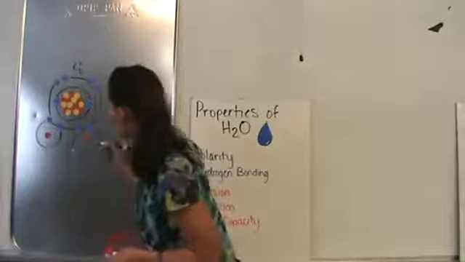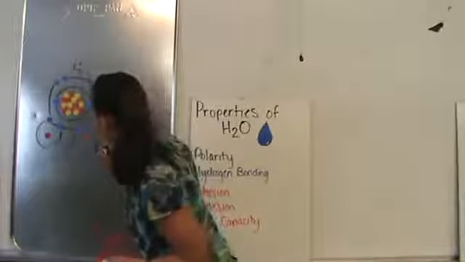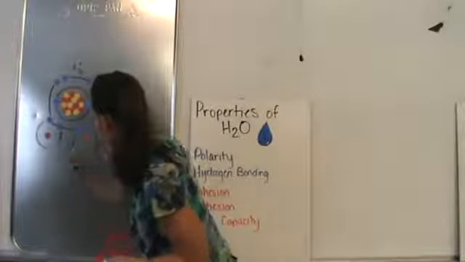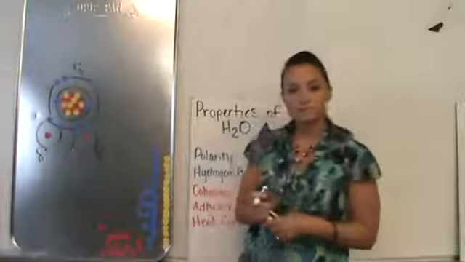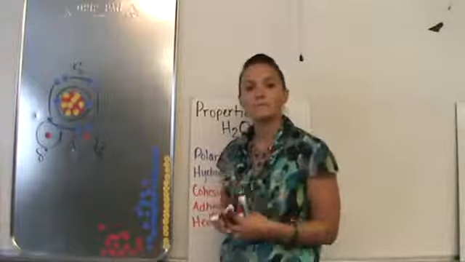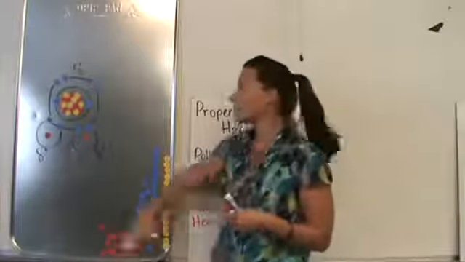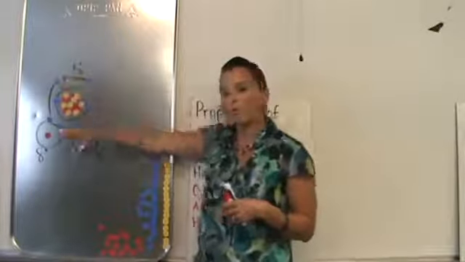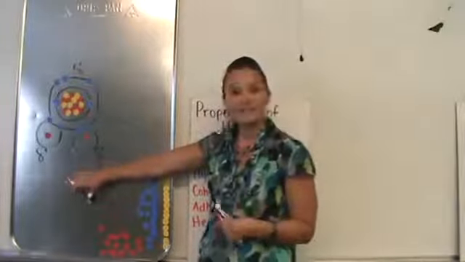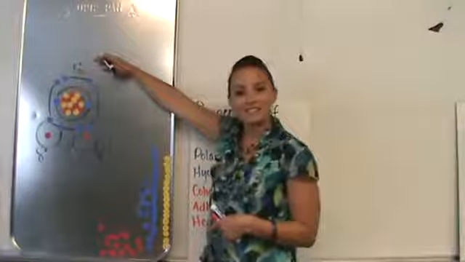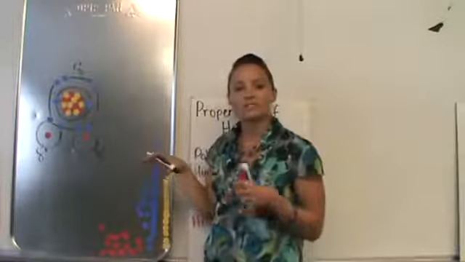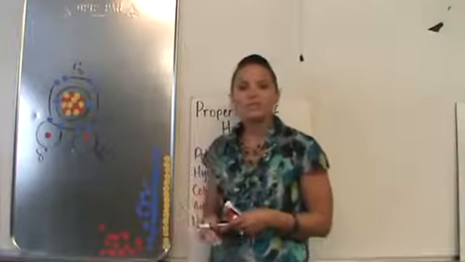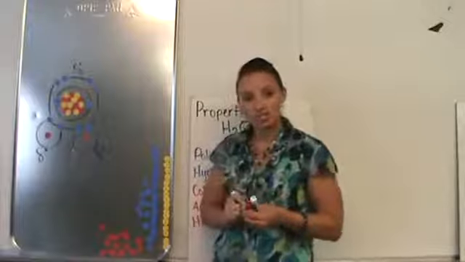So these proton areas are considered slightly positive. This makes the water molecule polar. It has two ends that are slightly positive, one end that's slightly negative, and the entire molecule is still neutral. So it's polar, but it's not charged.